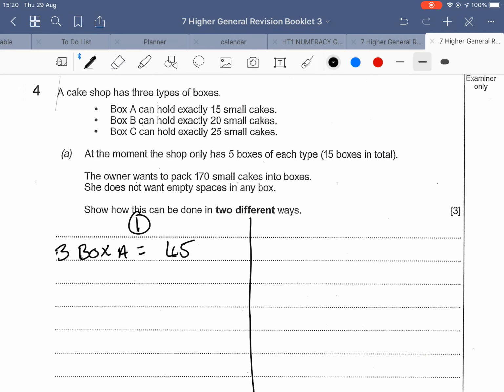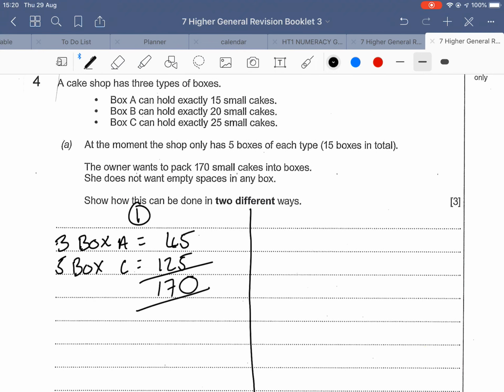And then I just need 5 lots of 25, don't I? So 5 boxes of C. That's 125, and if I add those up, that's 170. This is trial and improvement, so literally just pick up a calculator, play around. Might take some longer than the other, some will jump out too.